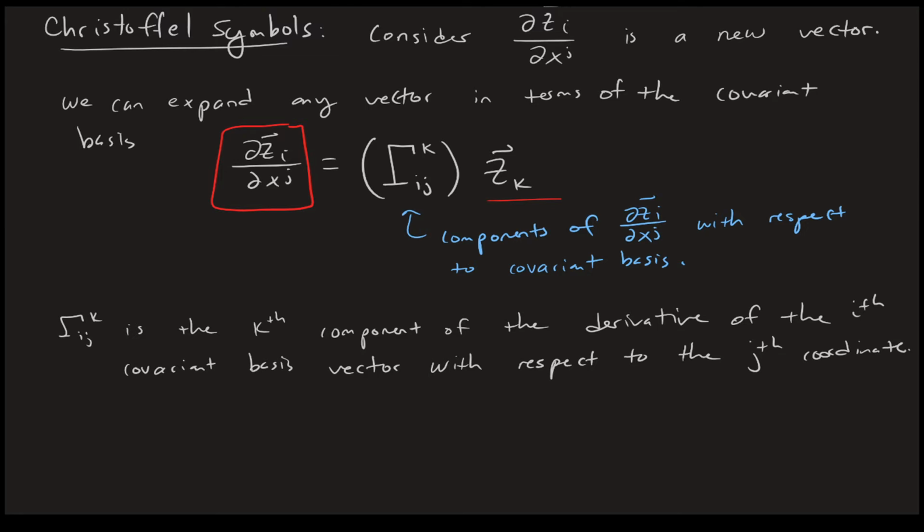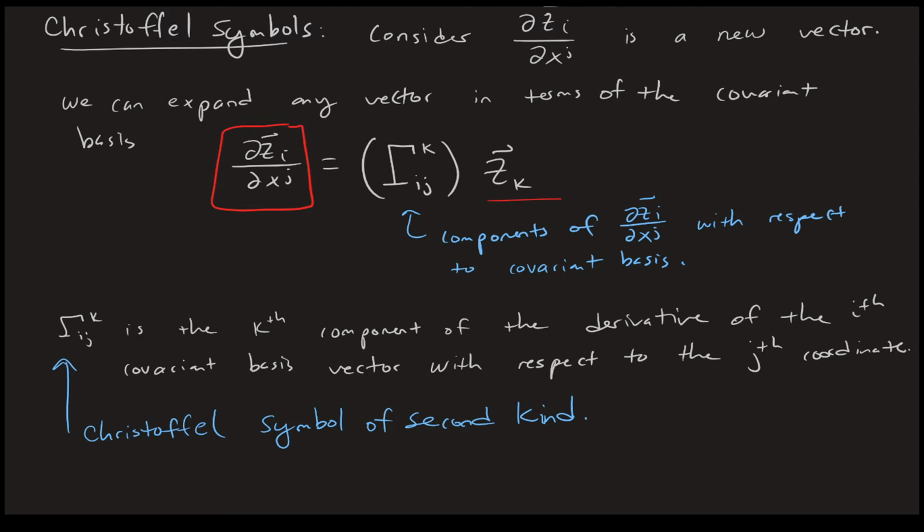Cool. So that's what we call a Christoffel symbol. We're actually going to call it the Christoffel symbol of the second kind. You might say, well, where's the first kind? Well, the first kind is basically where they're all down, I think.